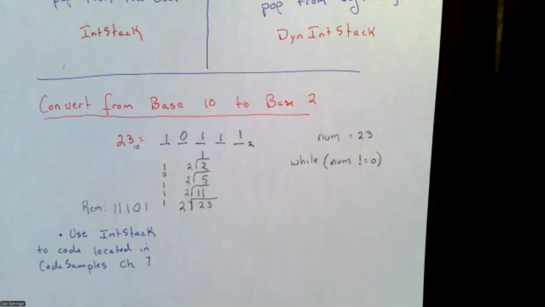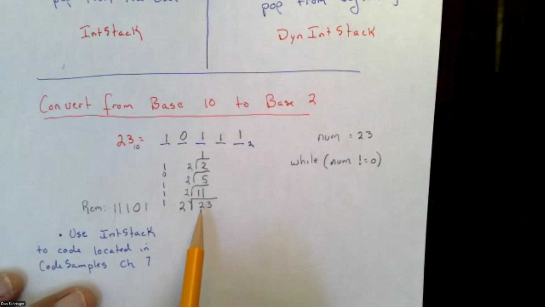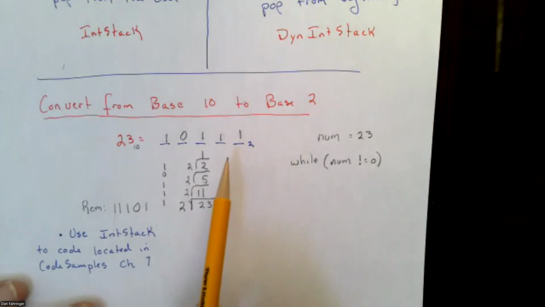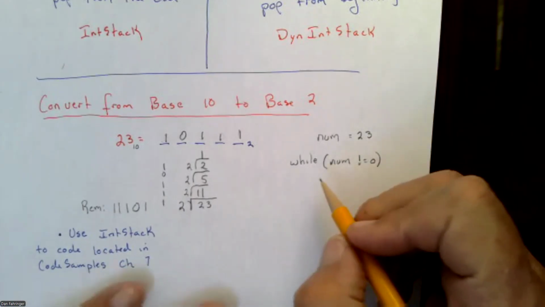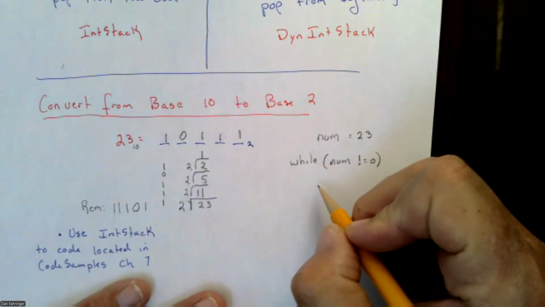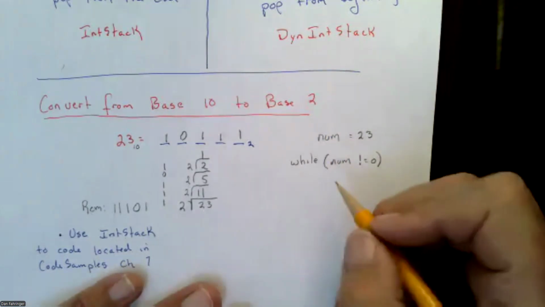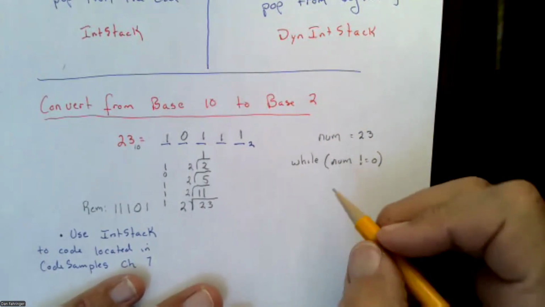What did I do? You divide the num by the base, and then you take the remainder and push it on the stack.